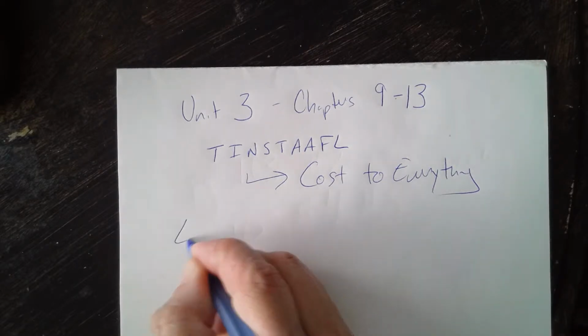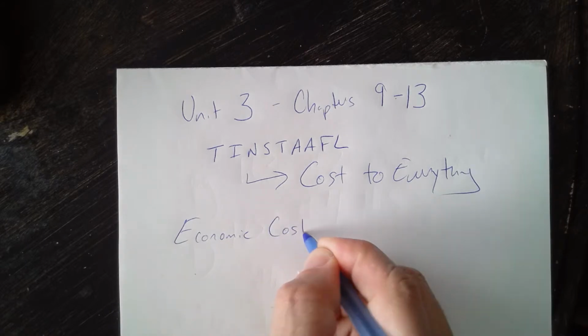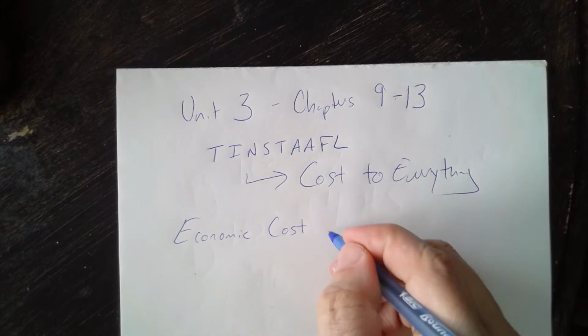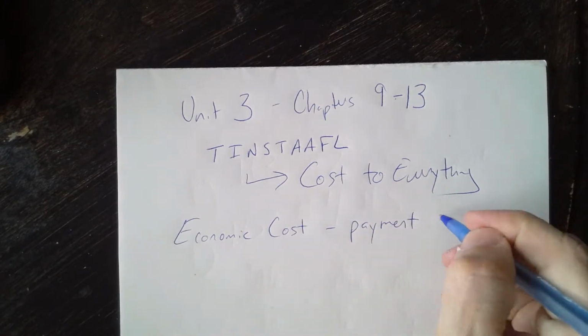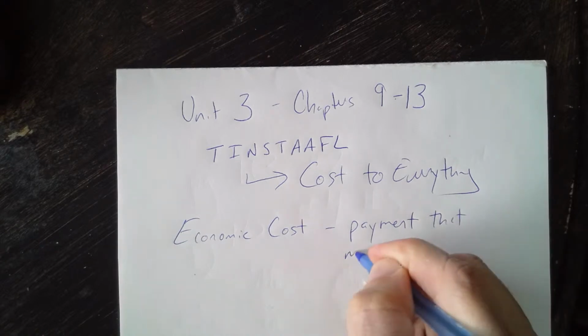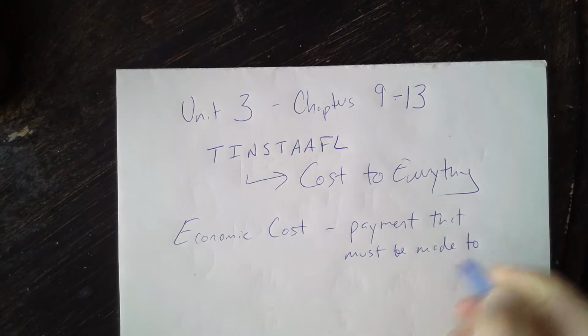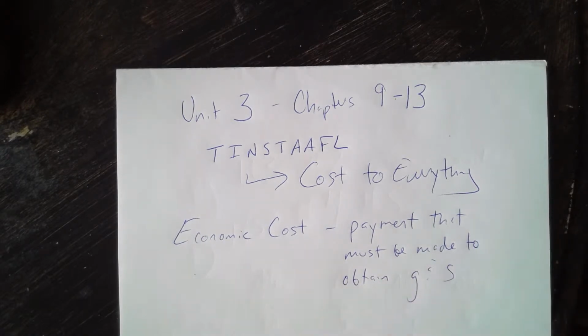So to start with, we talk about the economic cost of everything. Now, economic cost is the payment that must be made to obtain goods and services.